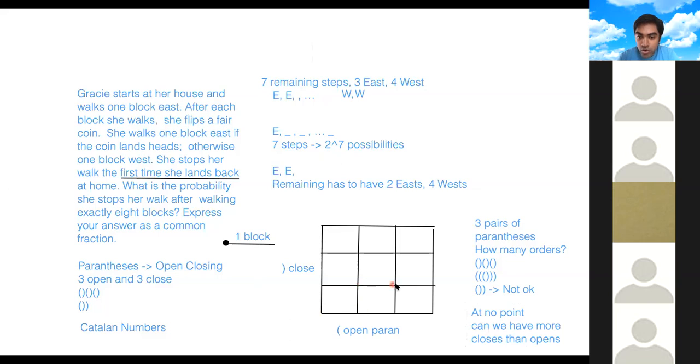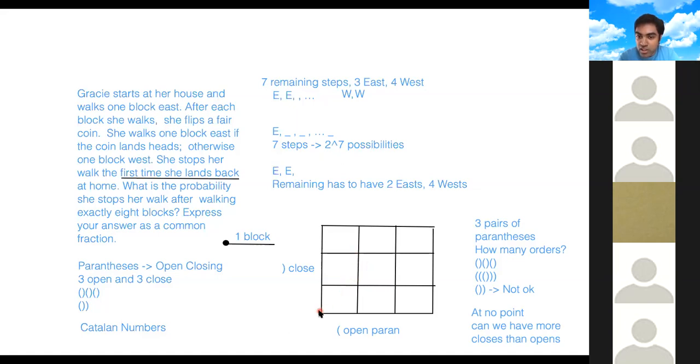Open, close, open, close, open, close. Open, open, open, I open my 3 parentheses, then close, close, close. What doesn't work? If I just try to close one first, that doesn't work. If I open, close, now I can open and move this way, but I can't close and move this way.